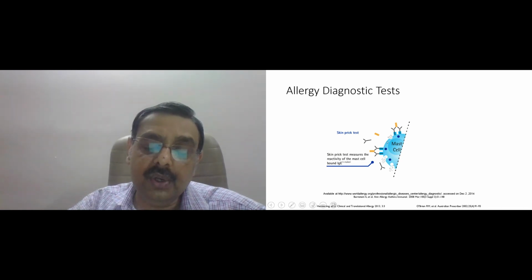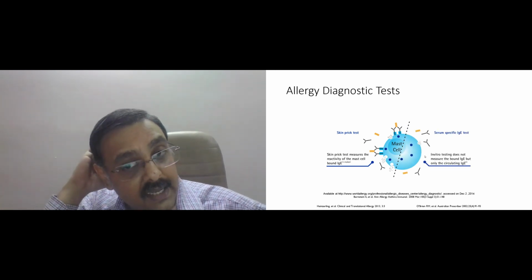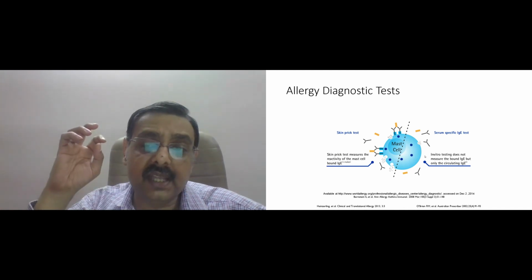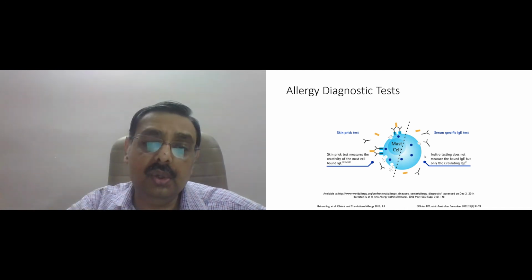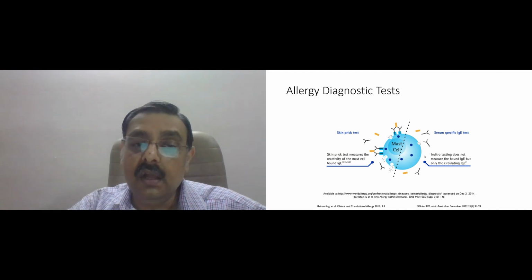On the other hand, an immunocap or blood allergy test only captures the serum IgE, which is not bound to the mast cells, and hence skin prick tests are considered to be the gold standard at all places.